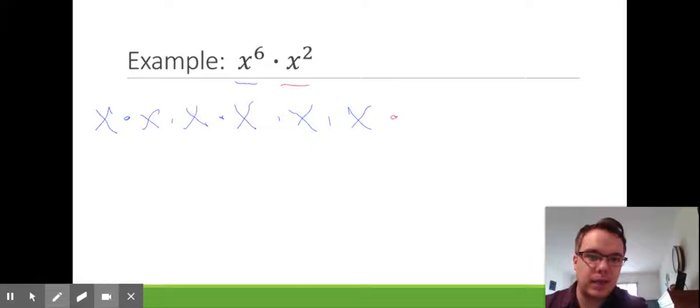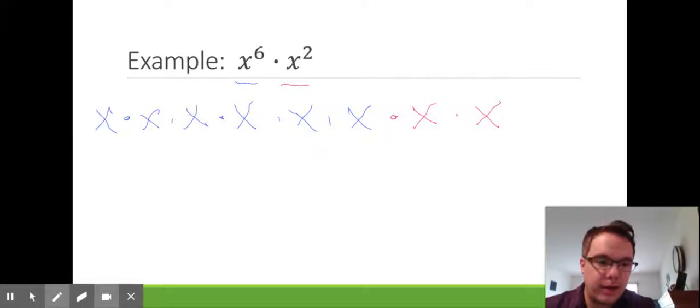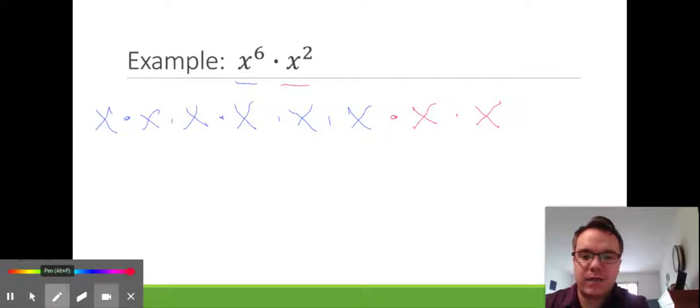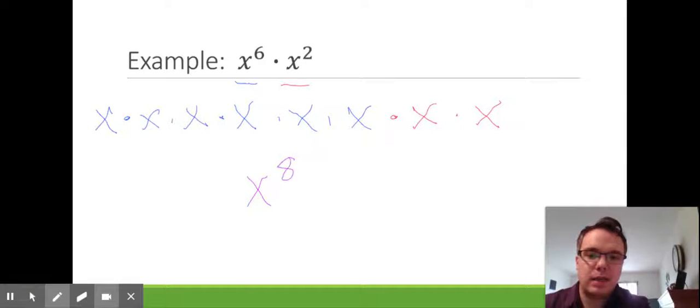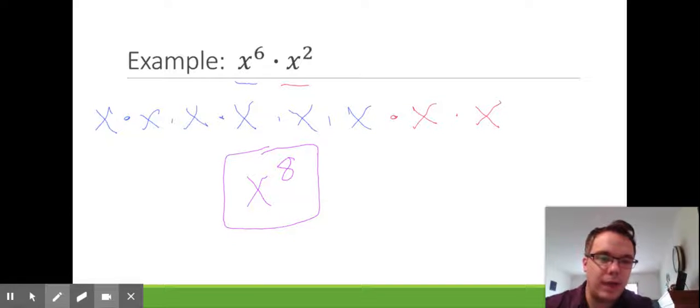So that means to take x times itself twice. So now that I have my multiplication all written out, I see I have one base, which is x, and x is being multiplied by itself. How many times? 1, 2, 3, 4, 5, 6, 7, 8. So I'm going to get x to the 8th power, and so x to the 6th times x squared will get me x to the 8th.